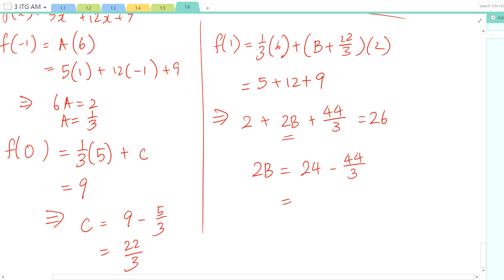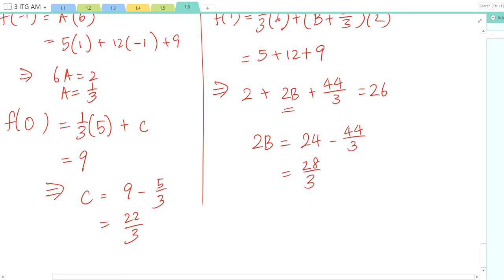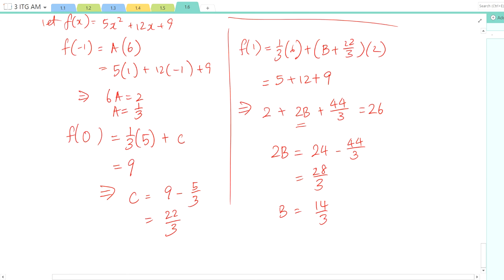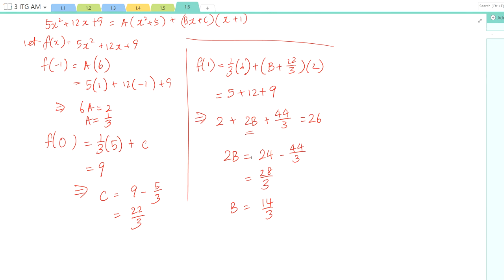What is 24 minus 44 over 3? So this is 28 over 3. Therefore, b must be equals to 14 over 3. Okay, here I have my 3 values, a, b, and c.